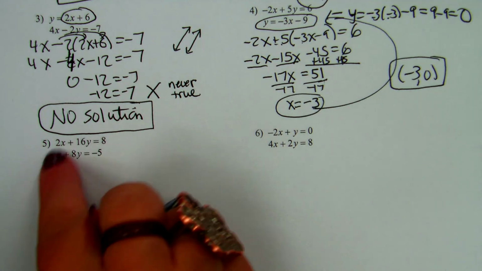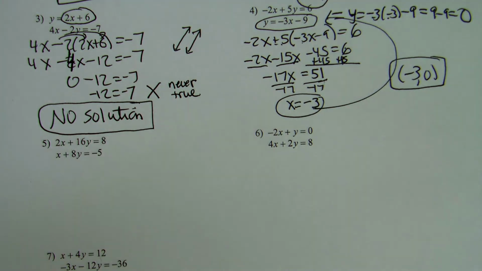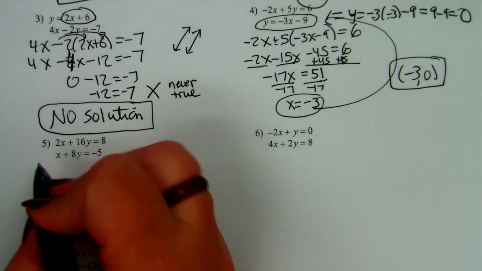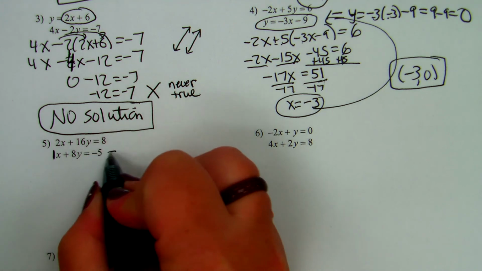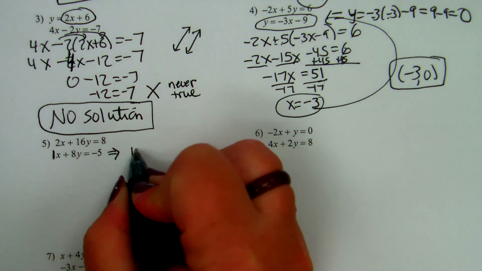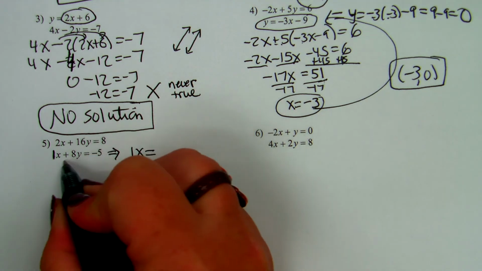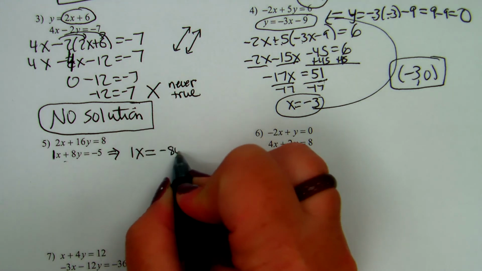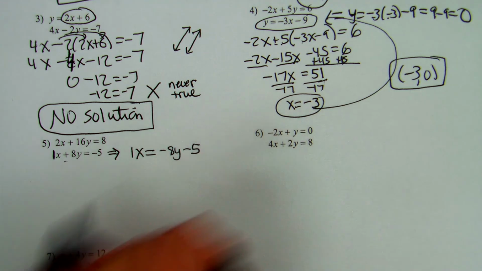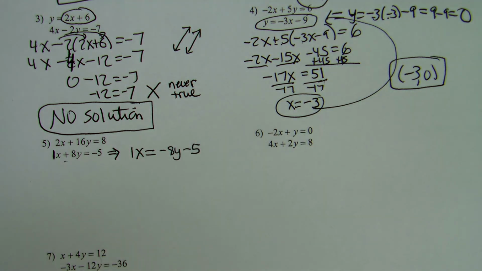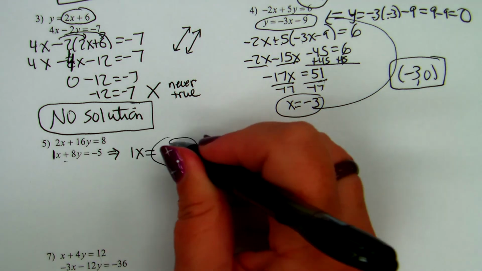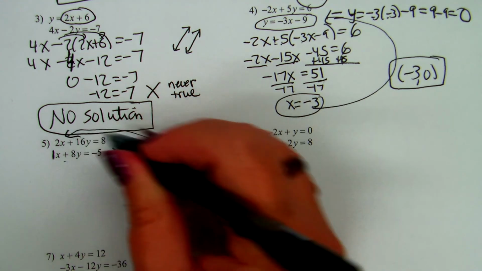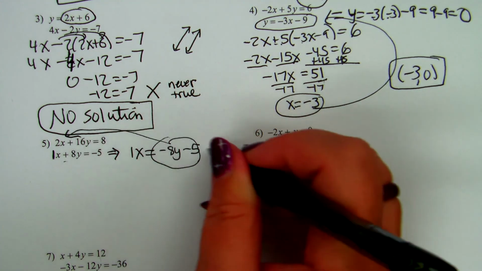This one, none of the variables are solved for. So which one has a coefficient of 1? 1x, right? So we're going to write 1x equals, we're going to subtract 8y from both sides. And now we can substitute this in everywhere where there's an x. We substituted negative 8y minus 5.